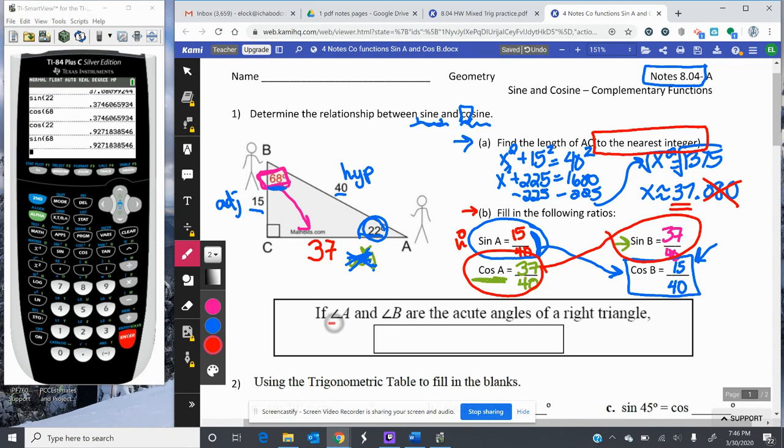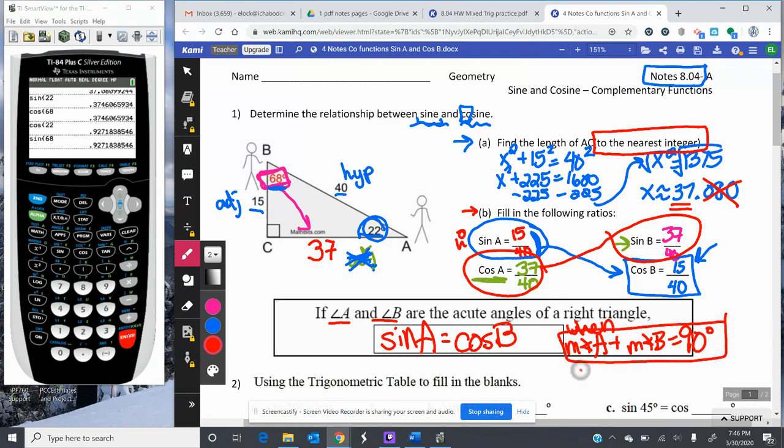So here the rule says if A and B are acute angles of a right triangle, then sine of angle A equals cosine of angle B when the measure of angle A and the measure of angle B equal 90 degrees.